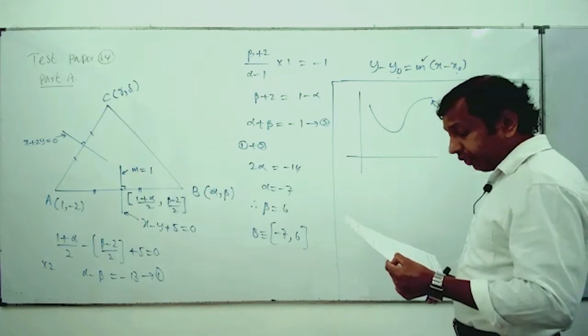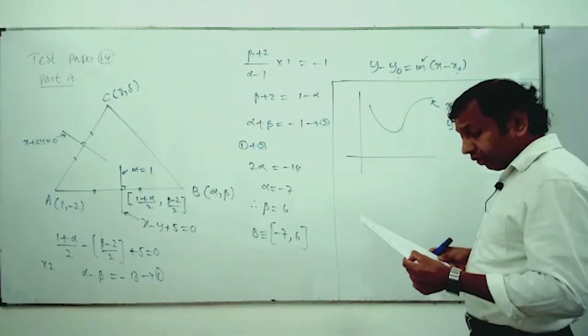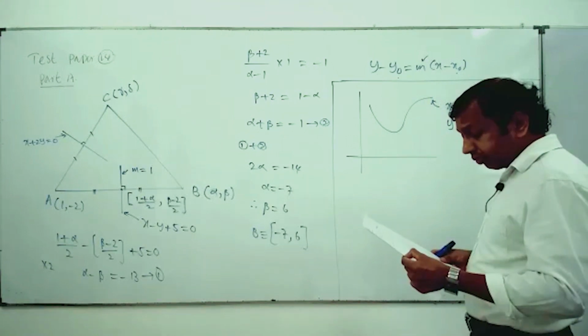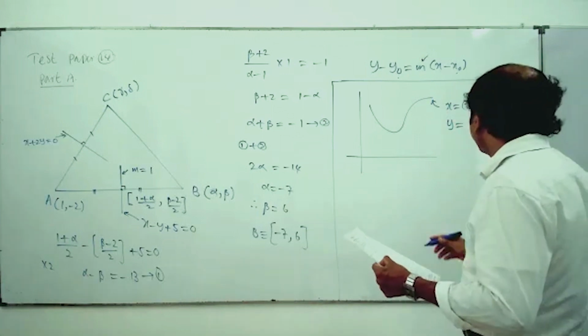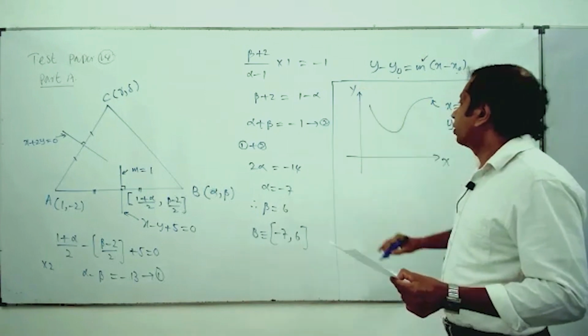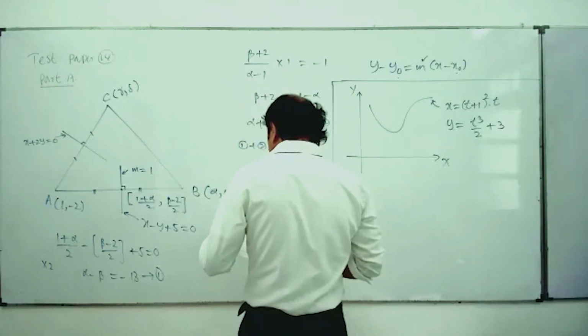Then at the point t equals 2, he asks us to find the equation of the perpendicular. Normal means perpendicular. This is the x-axis, this is the y-axis. First of all, we'll find the point corresponding to t equals 2.